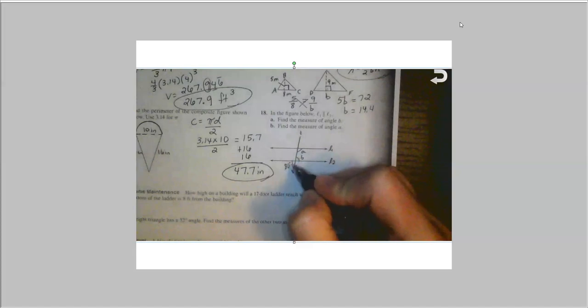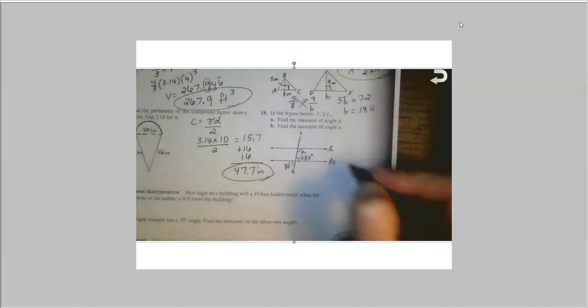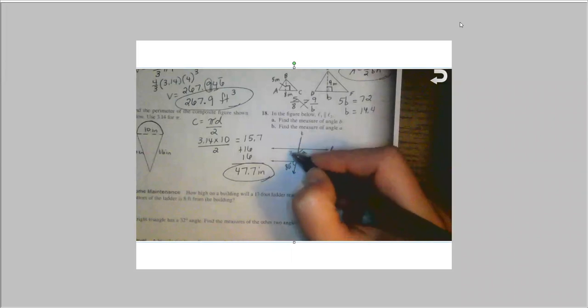It is vertical to angle B. So we talked about how vertical angles are equal, but all of the acute angles in this shape are going to be 80 degrees as well. This is alternate interior here, that's the same, another vertical angle, so those are the same. So I just found that the measure of angle B is 80 degrees.